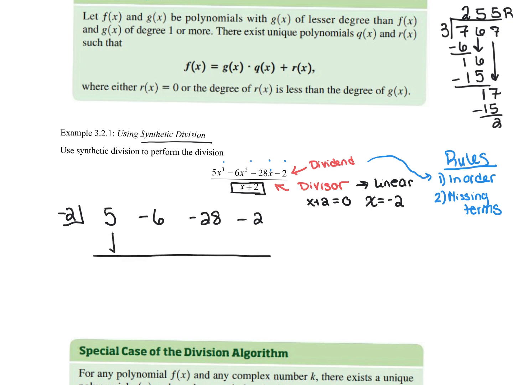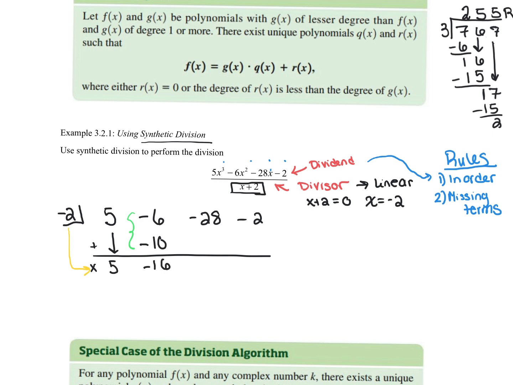So you drop the first number down, the 5. Above the line, we're going to add, and below the line, we're going to multiply. I take my -2 from my house and multiply by 5. -2 times 5 is -10. Above the line, I add these 2 together: -6 plus -10 is -16.